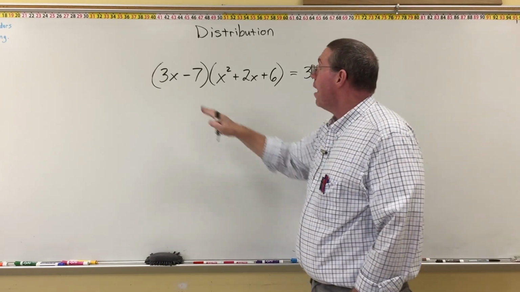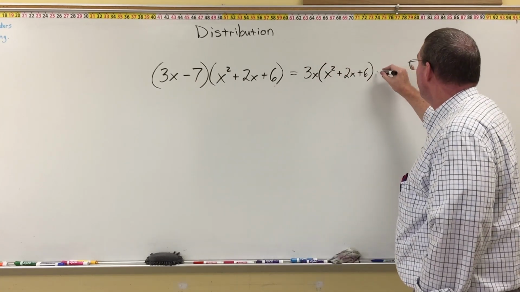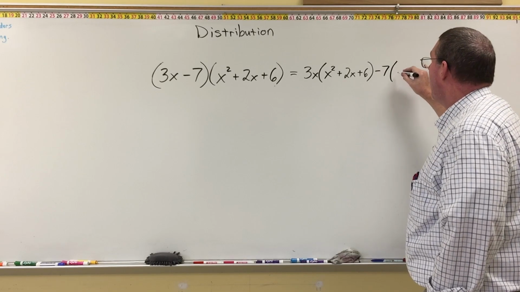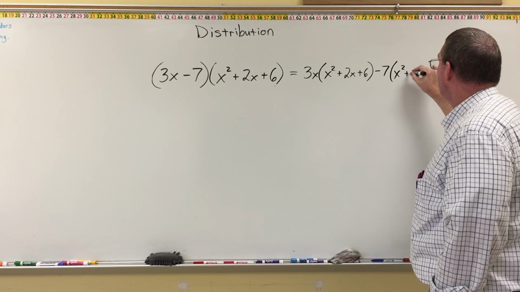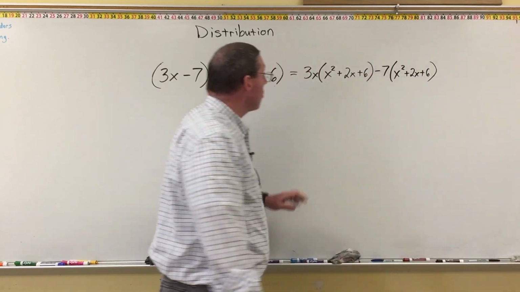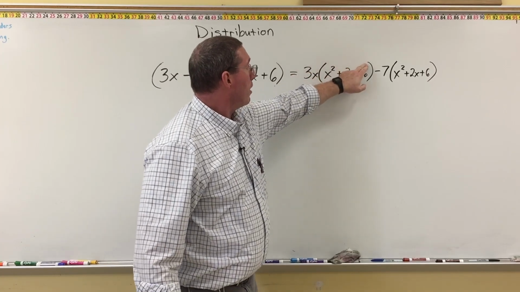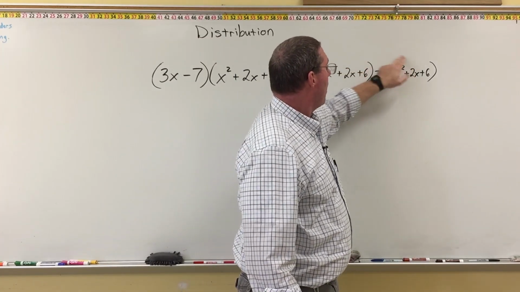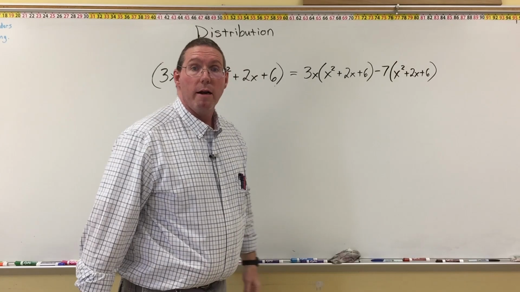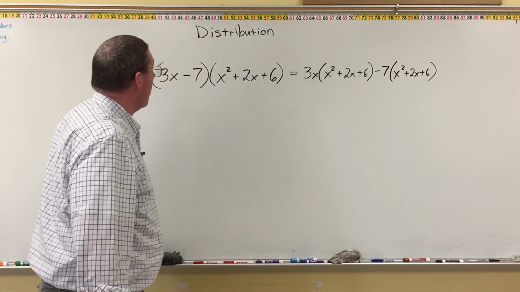Then we have to multiply the negative 7 times this entire expression, which would be minus 7 times x squared plus 2x plus 6. And so you can see we're going to wind up with 1, 2, 3, 4, 5, 6 products. 6 terms that are products of 2 terms, okay?